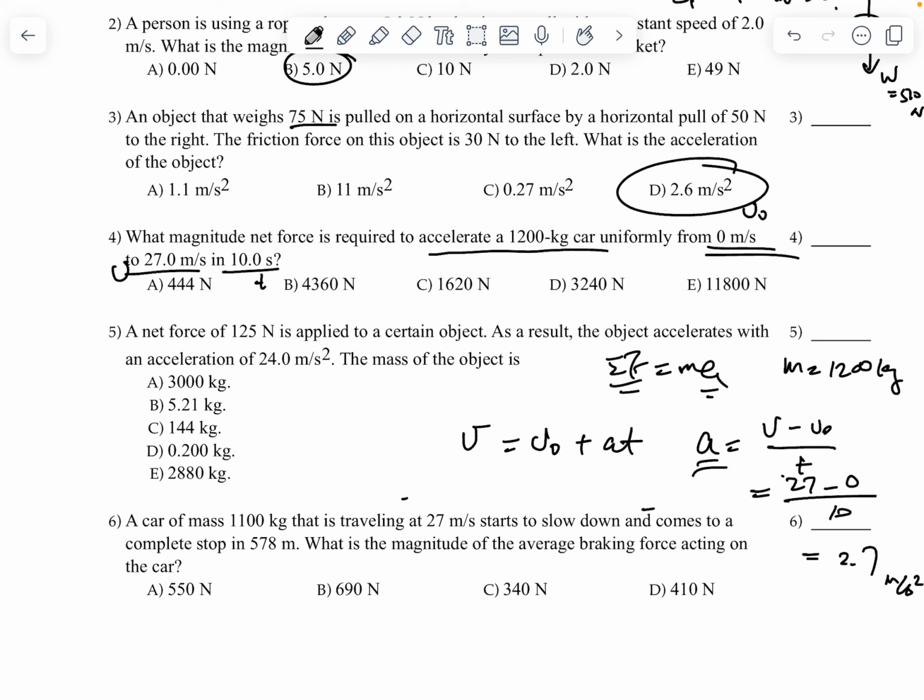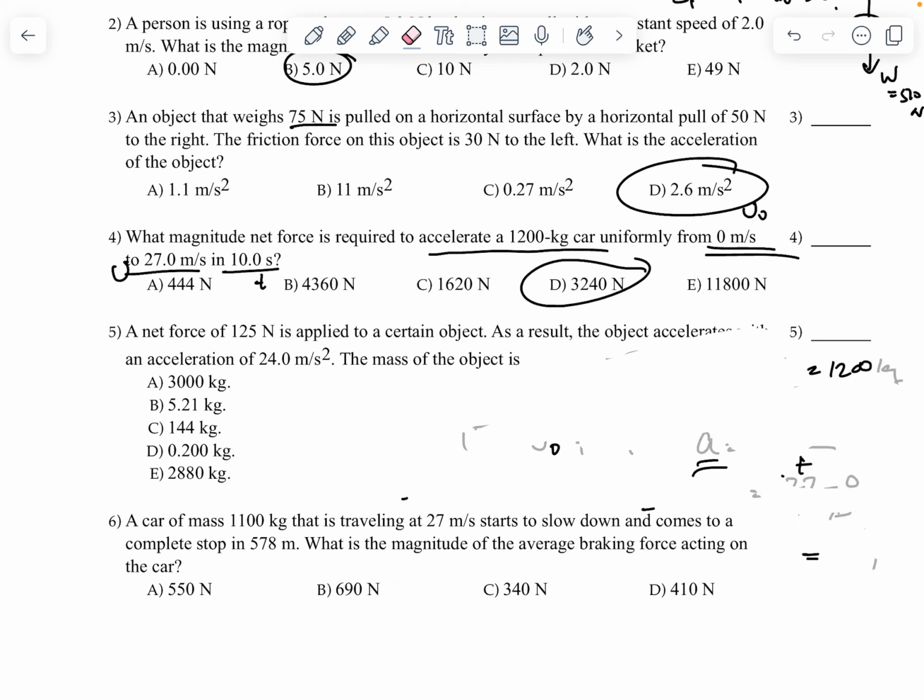That's the a. Then 2.7 times 1200 is 3240. That is the net force you need. Okay, so next one.